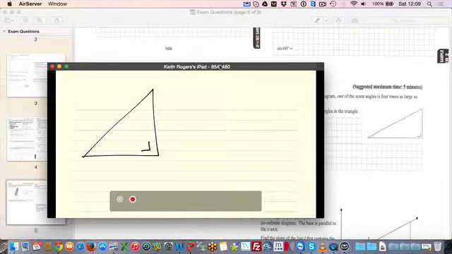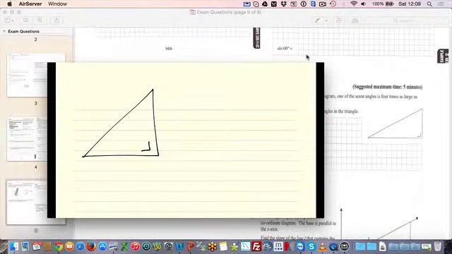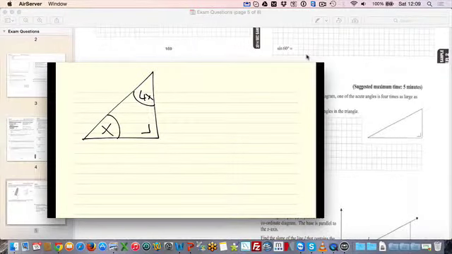One of the angles is 4 times as large as the other. If I don't know something in maths, what do I call it? X. Let me call this angle x. If that's x, the other one is 4 times bigger, so 4x. If I add up all the angles of the triangle, what should it add up to? 4x plus x plus 90 equals 180.